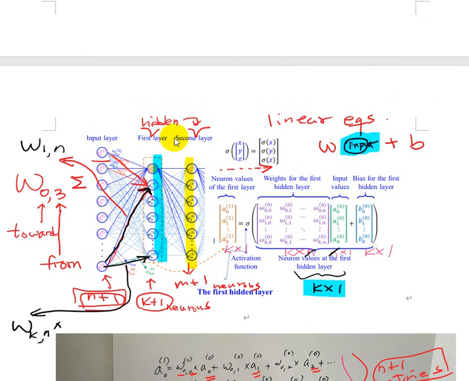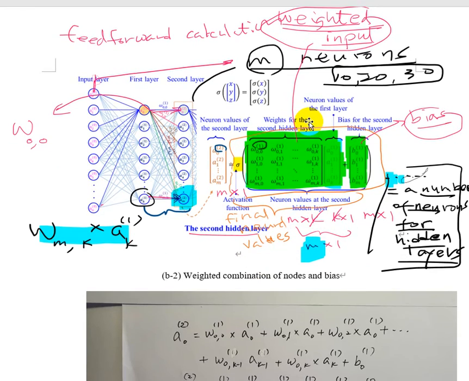We see here the matrix formulation of the feed-forward calculation related to the first hidden layer, and here we have the feed-forward calculation associated with the second hidden layer, and you have to repeat this feed-forward calculation up to the last layer.